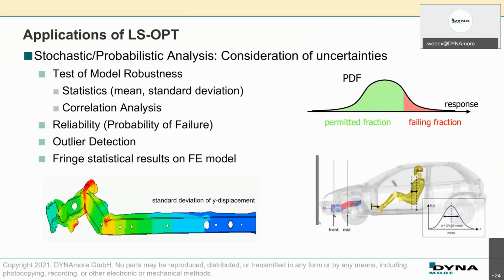And a very interesting feature, which is one of the few features that is restricted to be used with LS-DYNA in LSOpt, is the fringe of statistical results on the finite element model directly. This is what you see in the bottom left image here.